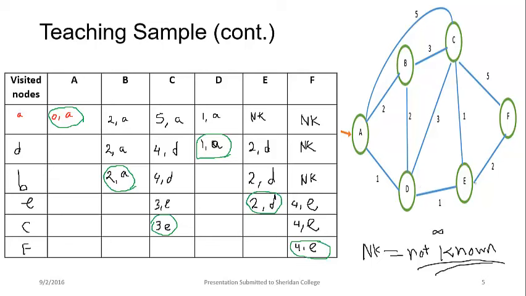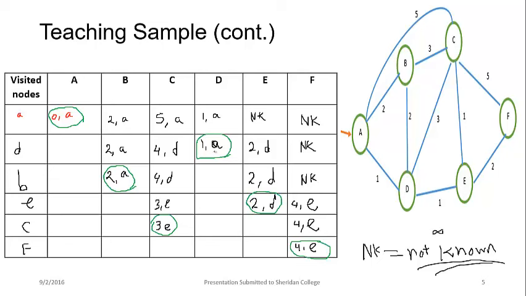This is node E. I arrive at this node by 2D. 1, 2. So 2D. Then I arrive at D by 1A.